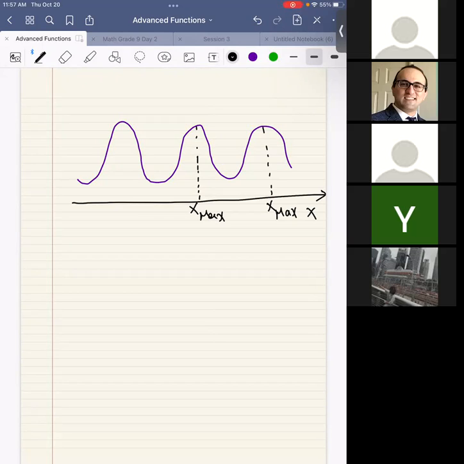For example, if you have a function like f of x equal to cosine of 2 times 2x minus 1.